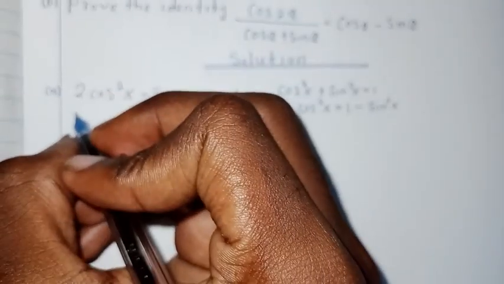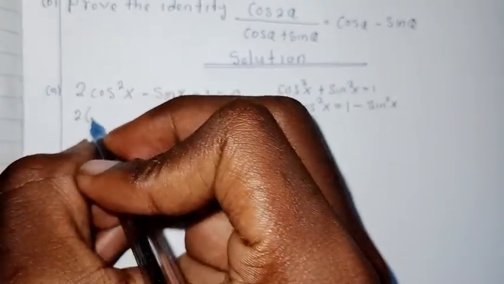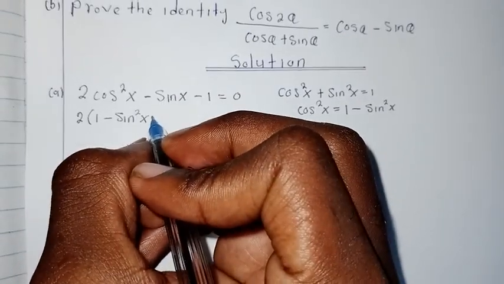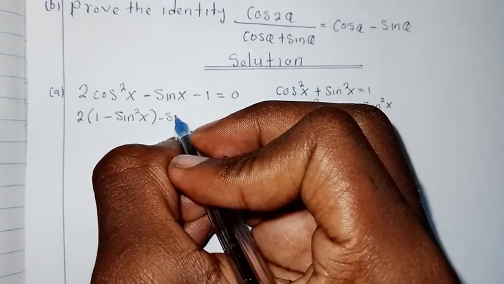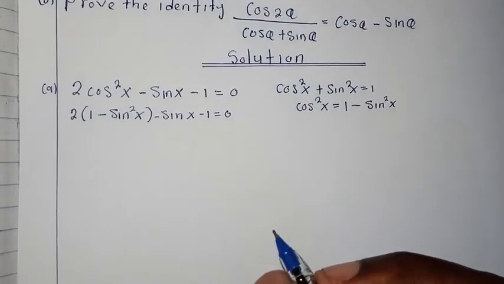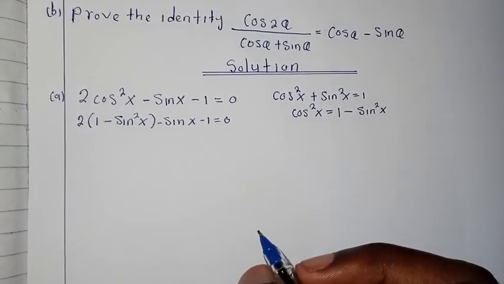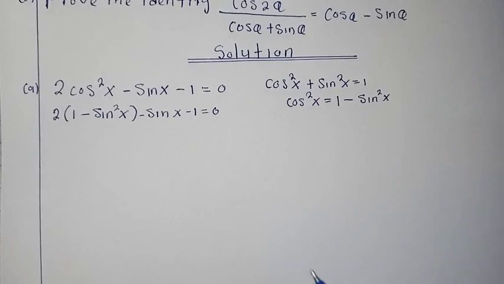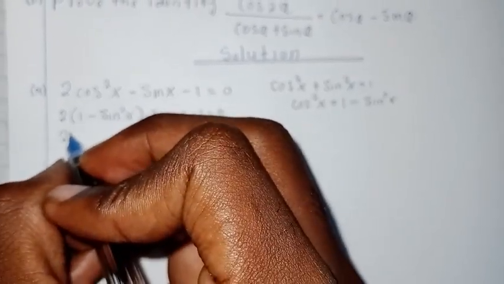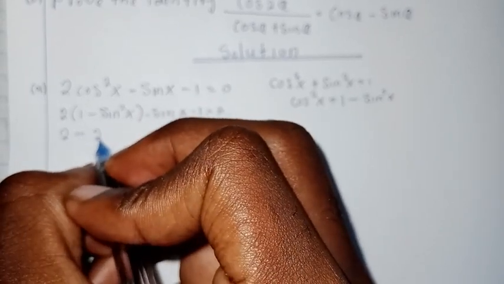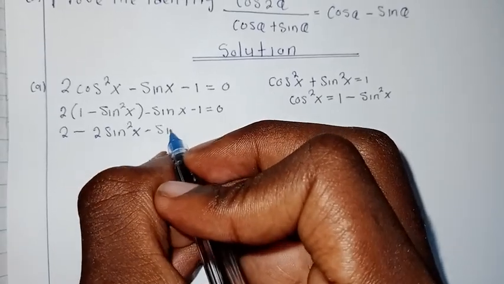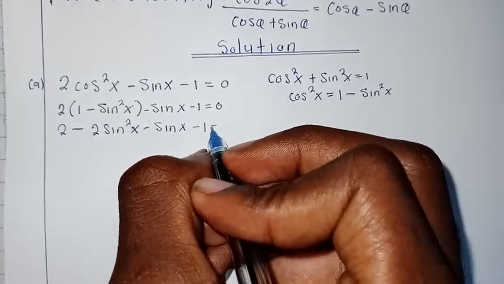So it's going to be 2 times (1 minus sine squared x) minus sine x minus 1 equal to 0. From there, we can expand everything. So it's going to be 2 minus 2 sine squared x minus sine x minus 1 equal to 0.